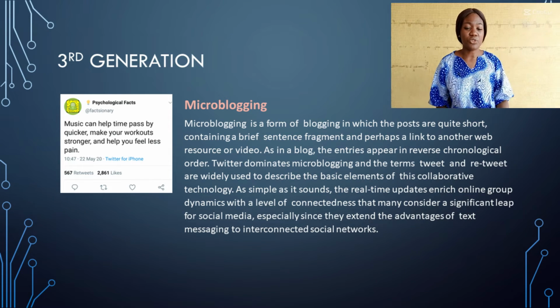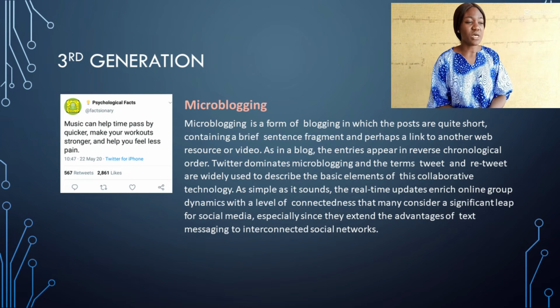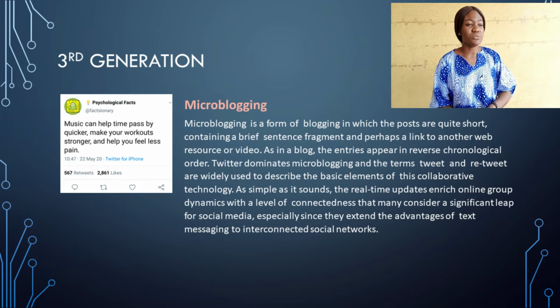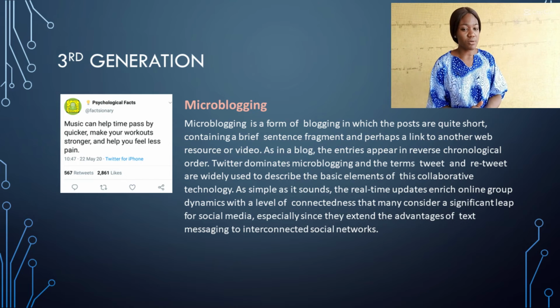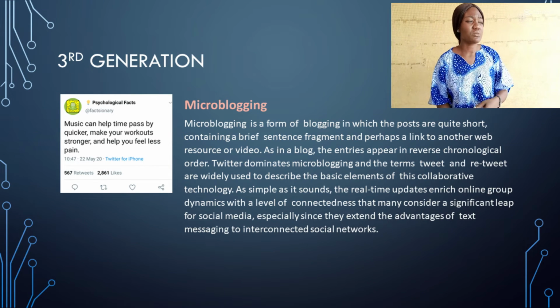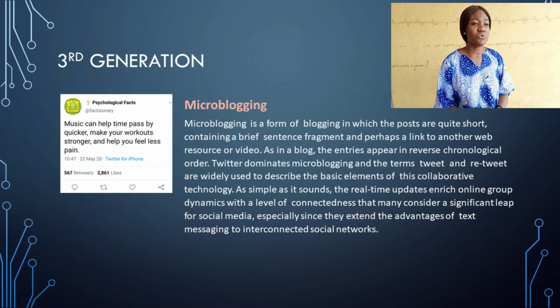The third one I'll be talking about is social networking. Social networks are very common, and they are in much use in this era. We're talking about Facebook, we're talking about WhatsApp. It gives every individual an online presence.